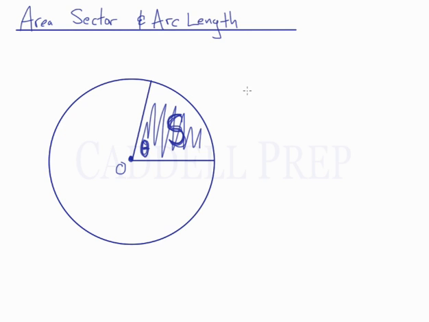And the ratio or proportion is whatever the angle is over 360. So theta represents our portion. 360 would be the entire circle. Is the same as the area we're looking for. So this portion of the circle over the area of the entire circle.